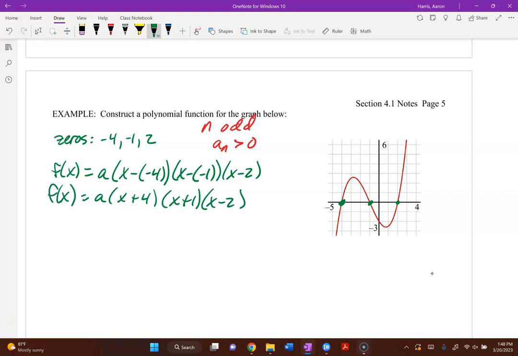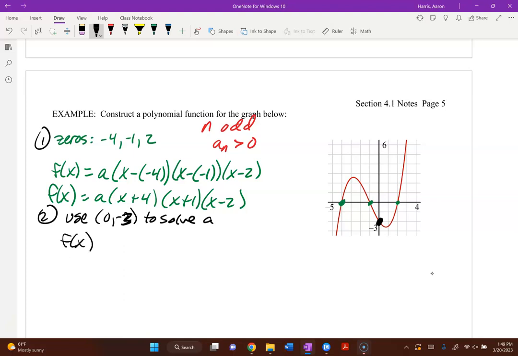Okay, give me another nice, pretty integer coordinate that I could use to solve for a. Good, 0, -3. Perfect, that y-intercept. So now that we've done the zeros part, let's use a nice integer point, -3, to solve for a.